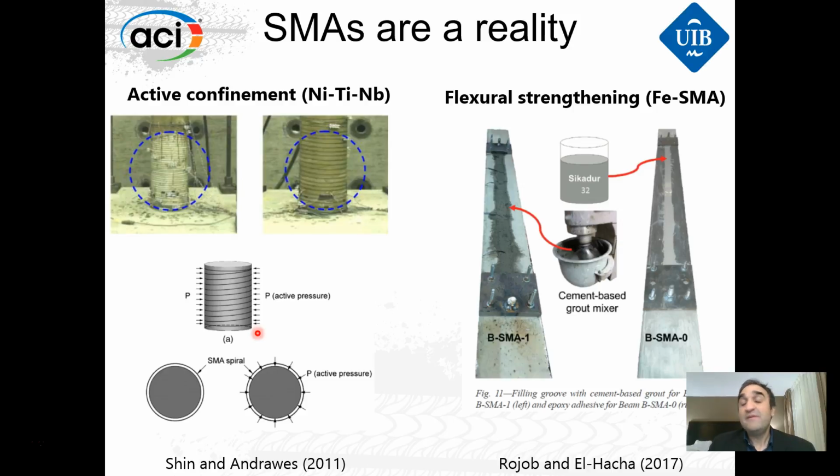Maybe some of you are not very familiar with shape memory alloys, but they are a reality nowadays. You can find a lot of research regarding them. For example, this active confinement using nickel titanium niobium was an experimental campaign reported by Shear and Andraues a few years ago.